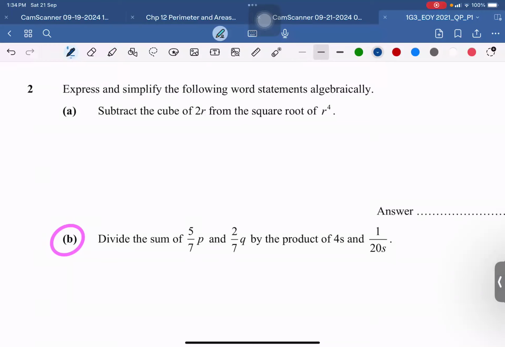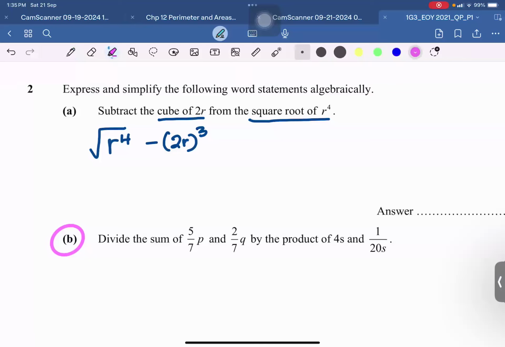Right, first part: subtract the cube of 2r, meaning (2r) whole thing cubed, and I need to subtract this from the square root of r to the power 4. So it means the square root of r to the power 4 is in front. So what do you have? We need to learn how to simplify the expression. They say expand and simplify.